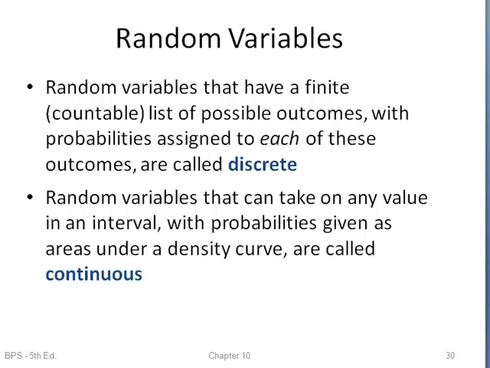When the values of our random variable are discrete, that's a discrete random variable, and when the values take on continuous values, we call that a continuous random variable. In other words, if the random variable can take on values in an interval with probabilities given as areas underneath the density curve, we say that the random variable is continuous.